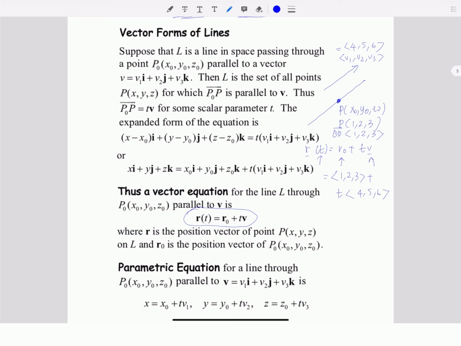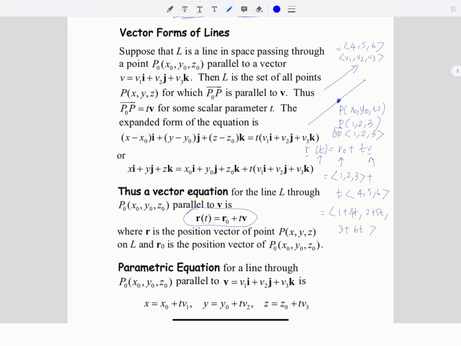Therefore we can write it as (1 plus 4t, 2 plus 5t, 3 plus 6t).